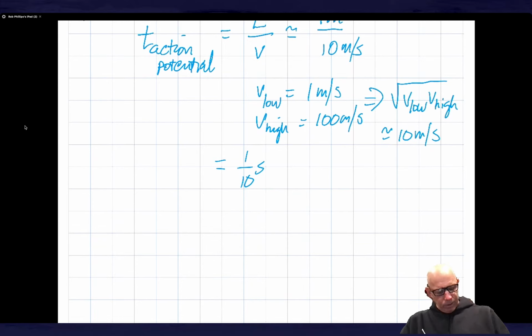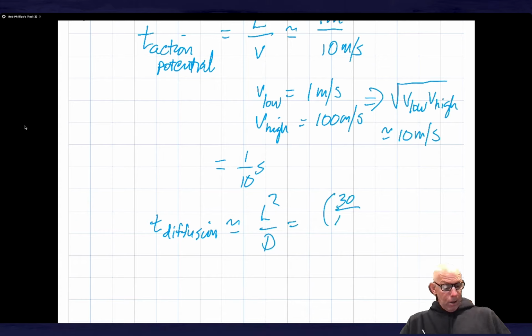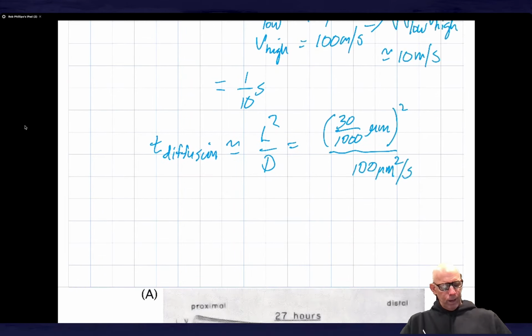Now, the time for diffusion over that same distance, sorry, not over that same distance, over the synaptic cleft is L squared over D, and there the distance is 30 nanometers, so 30 over 1,000, this is in microns, and that gets squared, and then divided by, let's say, something like 100 microns squared per second for the neurotransmitter.